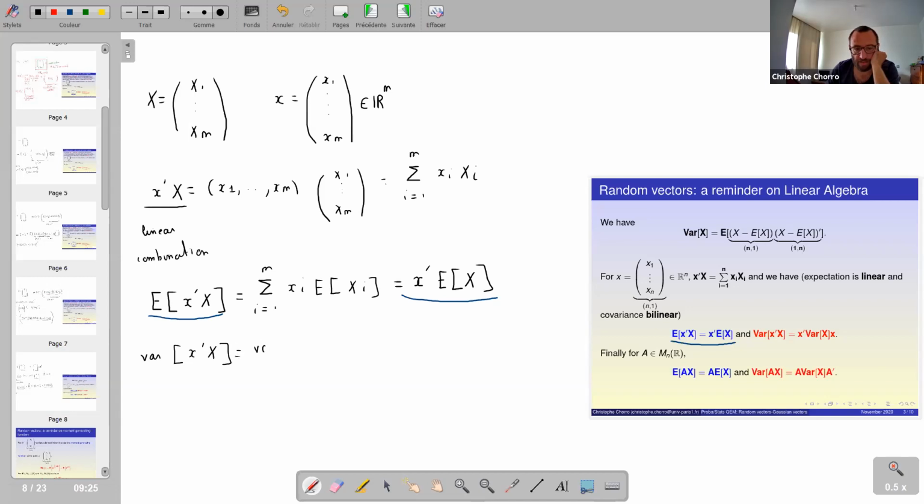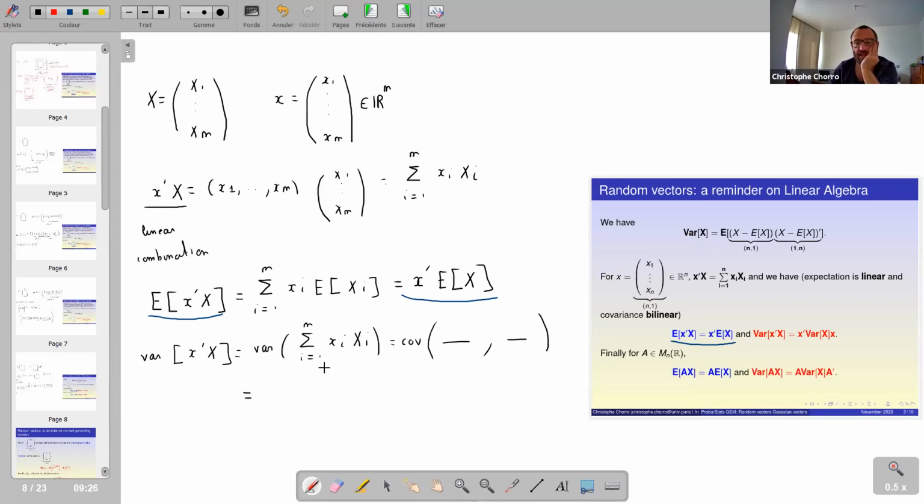it's the variance of the sum. And you know that the variance is just the covariance between the term and itself. And using the bilinearity of the covariance, I can develop, so I will have to do n square operations.